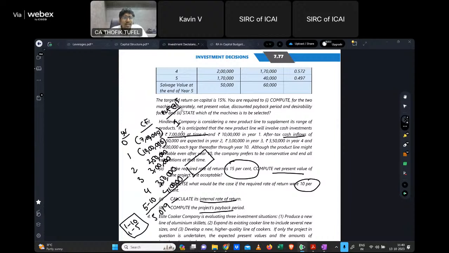5.019 minus, I have to do the annuity of 1 to 5 years. So 1 divided by 1.15, 1, 2, 3, 4, 5. I am getting minus 3.352. Now if I reduce 5.019 minus 3.352, I am getting 1.667.